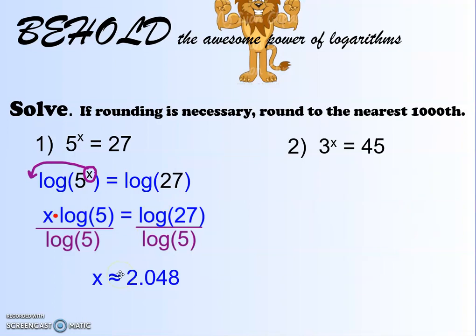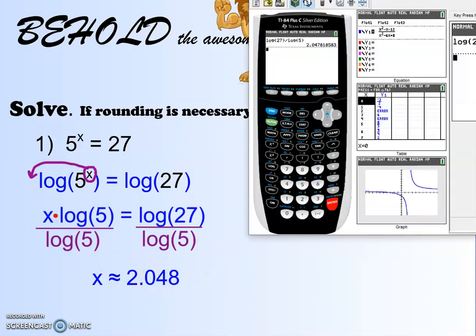So I now know that x is about 2.048. We estimated it to be slightly bigger than 2, and that's what we got. And the beautiful thing about these calculators is I can check my answer super quickly. Go back to the original problem. Just take 5, raise it to that number. I'm going to use the answer button in my calculator, and voila, I get 27.